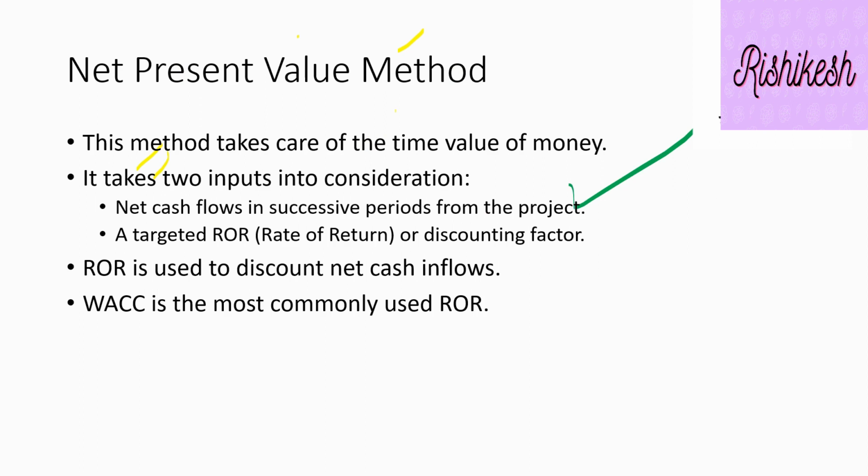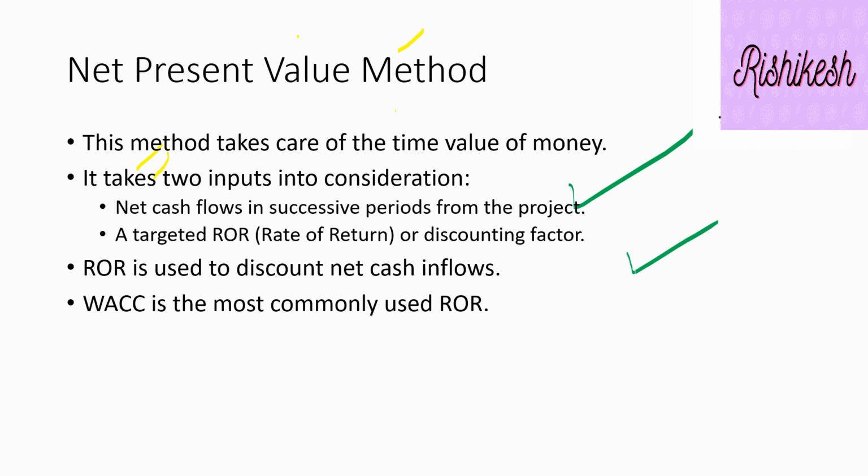Now this method takes two things into consideration. So it takes two inputs. The first one is the net cash flow in successive periods from the project, and the second is a targeted ROR, that is the rate of return or discounting factor.